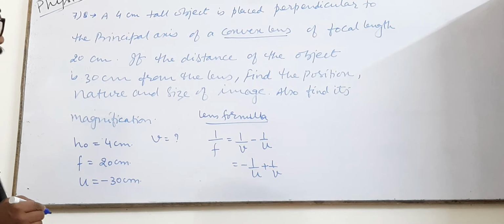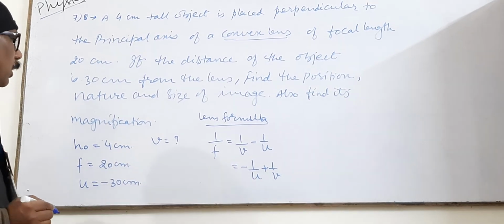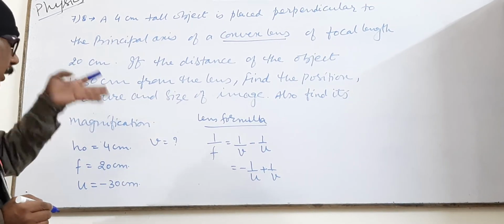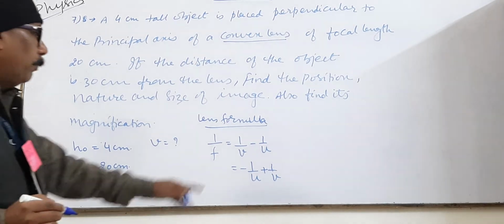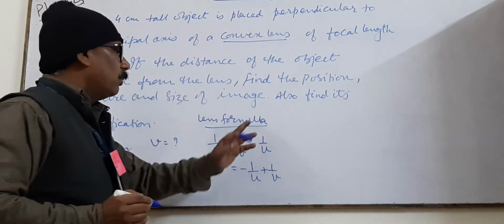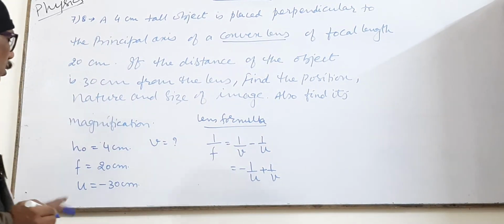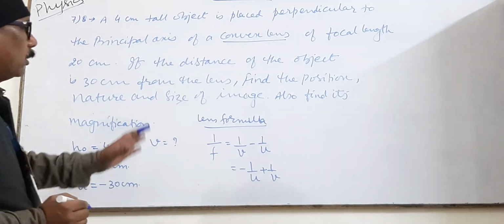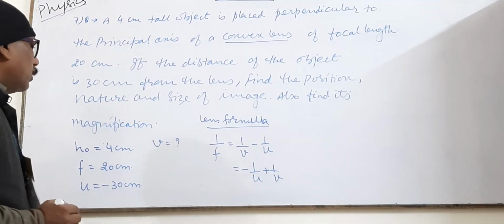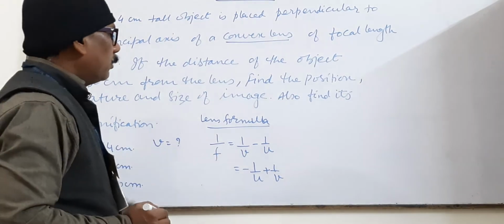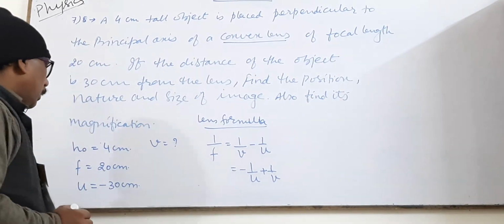Keep this in mind, because if you write the mirror formula instead of the lens formula, if you put a plus here, 1 by v plus 1 by u, it will be wrong. Although the answer is coming correct, your solution is wrong because in the first step you have written the wrong formula.